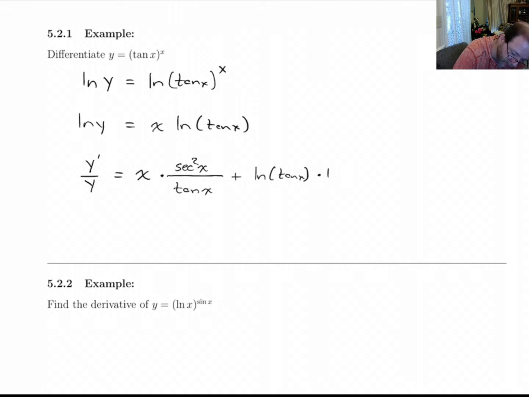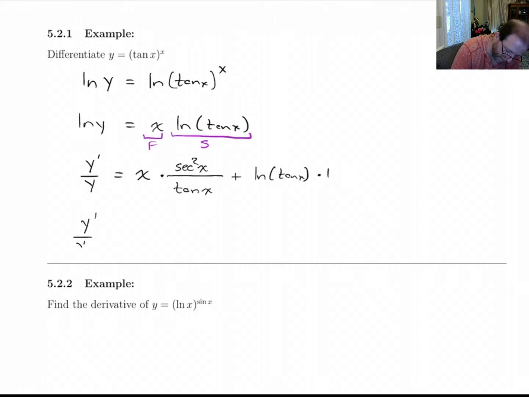Maybe it's worth coming over here and writing this. This is the first, and this is the second. Don't mistake this for multiplication or anything. This is multiplication, but natural log of tan is just a nested function. So let's see, this is y prime over y.